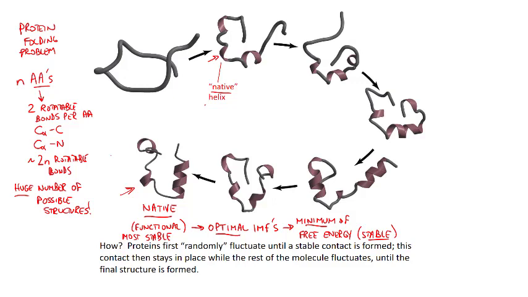Well, because this is native, it's stable. And once it forms, it persists. And now the rest of the molecule keeps on fluctuating in order to sample different structures.